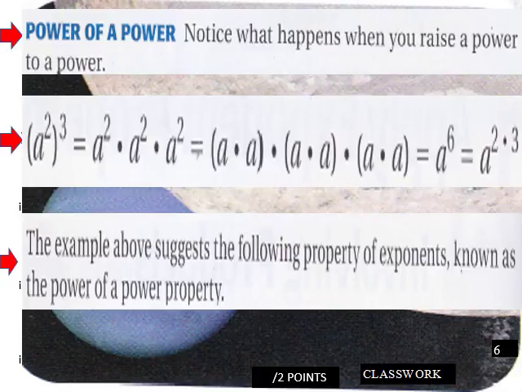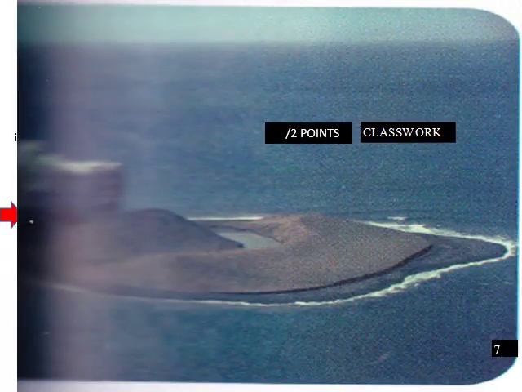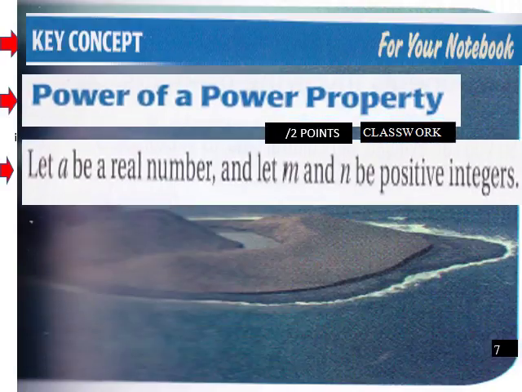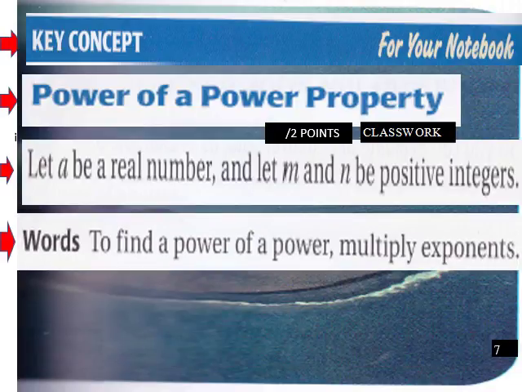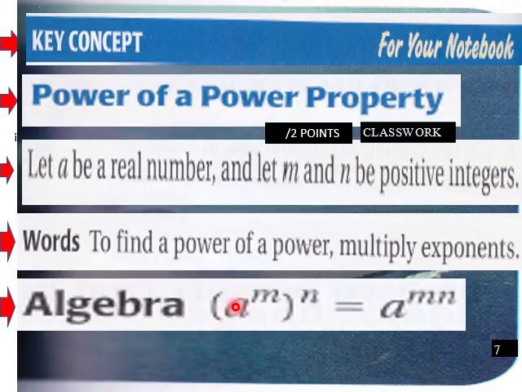The example above suggests the following property known as the power of a power. Let A be a real number. Let M and N be positive integers. To find a power of a power, multiply exponents. So A to the M to the nth power is A to the M n.